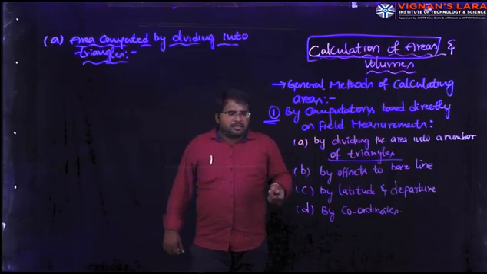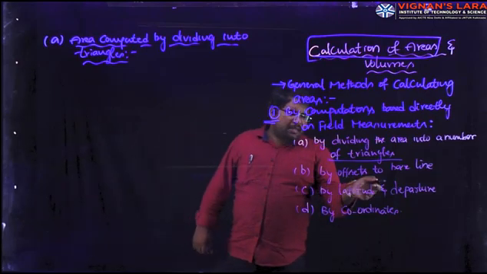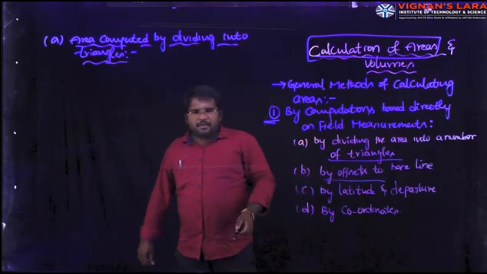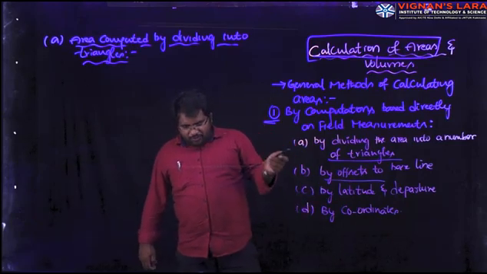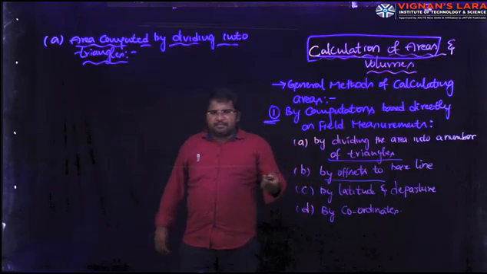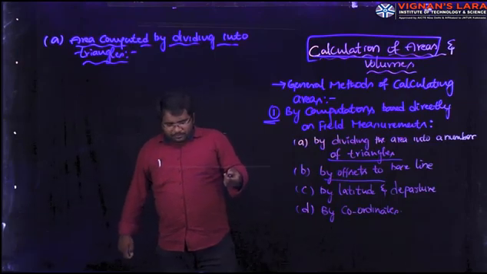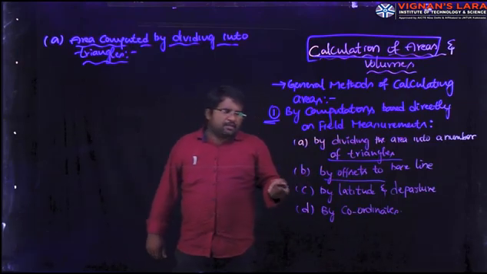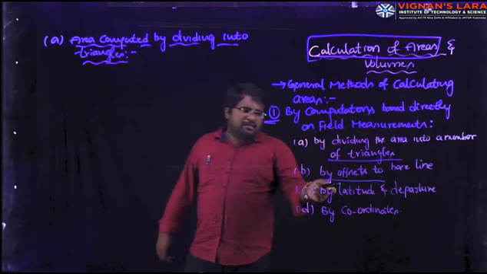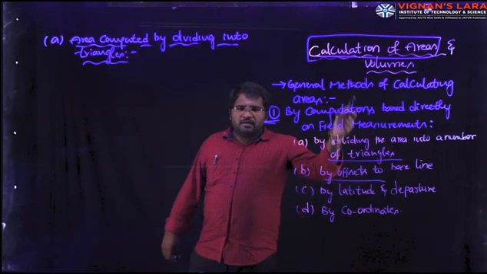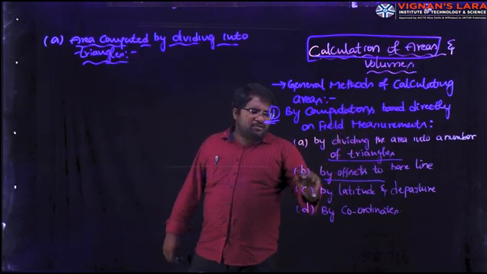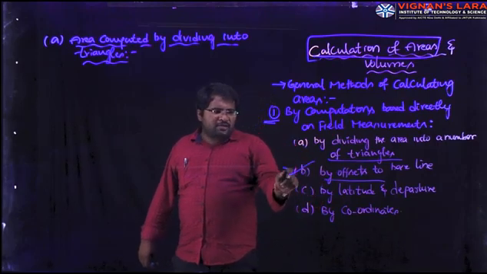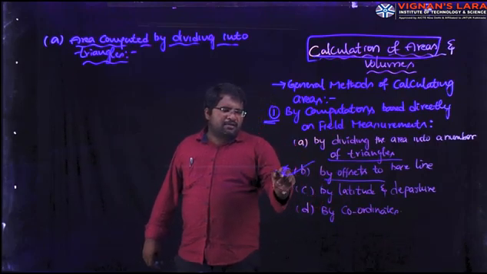Next, the second method is by making offsets. Here we run one straight line, a baseline, and from there the offsets will be drawn. Based on that we know the area, and we will see the very important formulas.